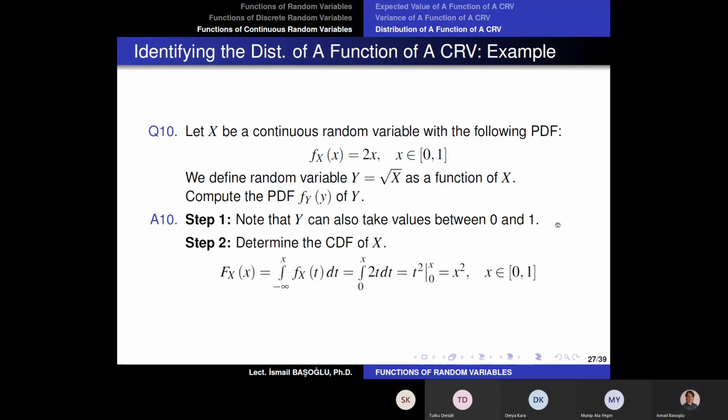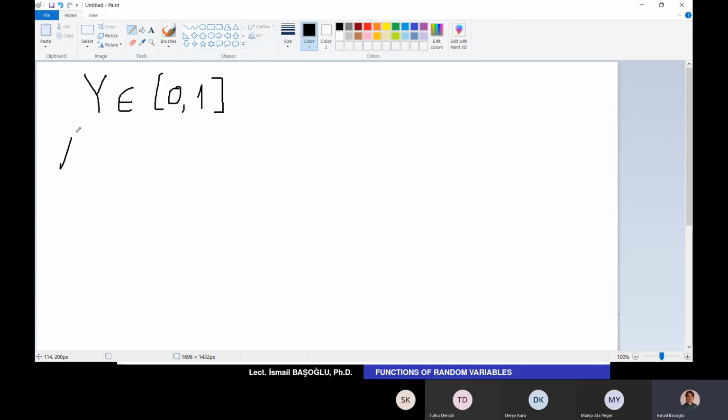Step 2, we need to determine the CDF of x. I am very sorry, we are calculating the CDF of x. The CDF of x means what? Let me write it here.